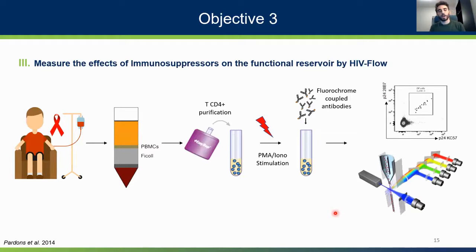So then for our third objective, what we wanted to do is assess the effect of the immunosuppressors on the functional reservoir, so on the size and the phenotype of the functional reservoir, using a technique called HIV flow.